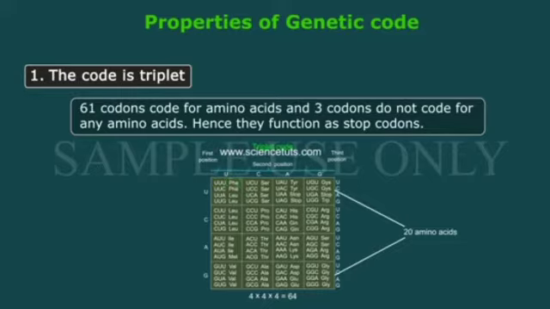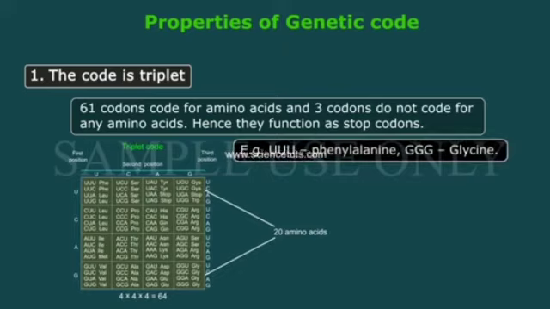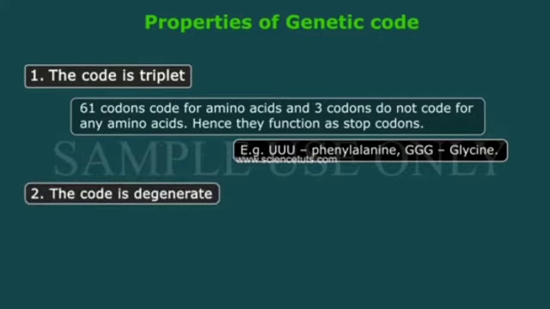Hence, they function as stop codons. Example: UUU, phenylalanine; GGG, glycine.